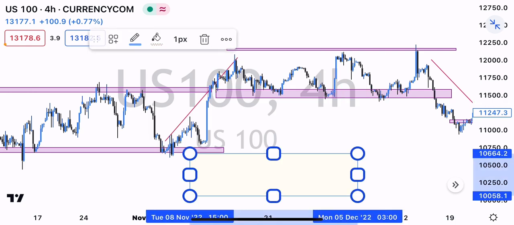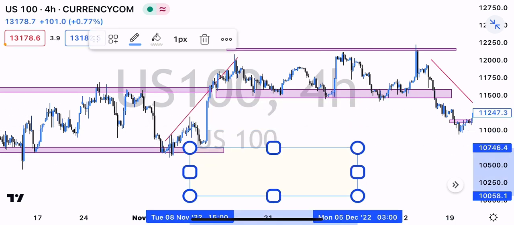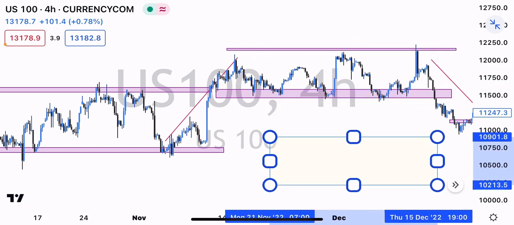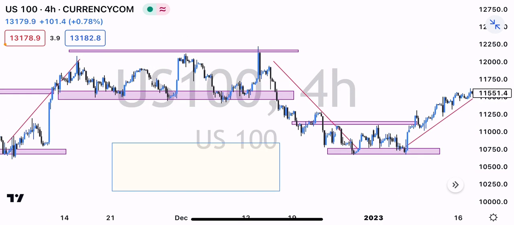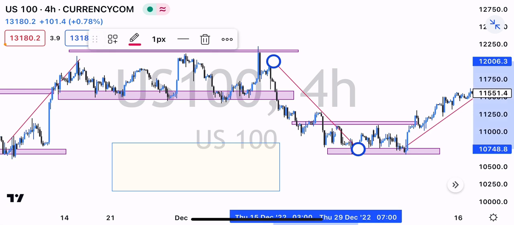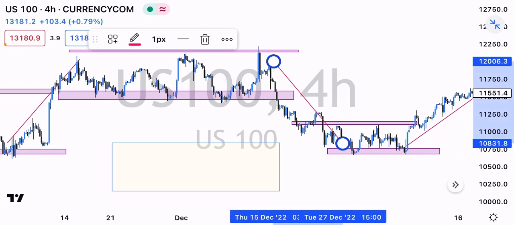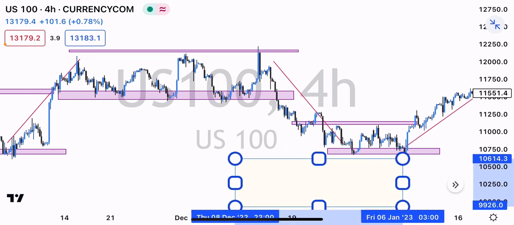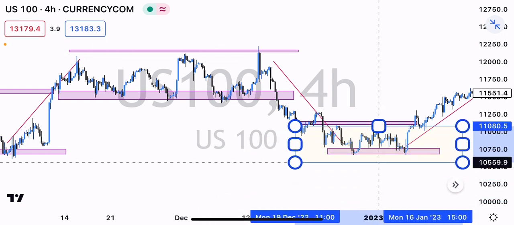It consolidated again here. Then after consolidating there, it broke down and went all the way down. You see? Then the moment it came all the way here, it did the same thing again. It consolidated.